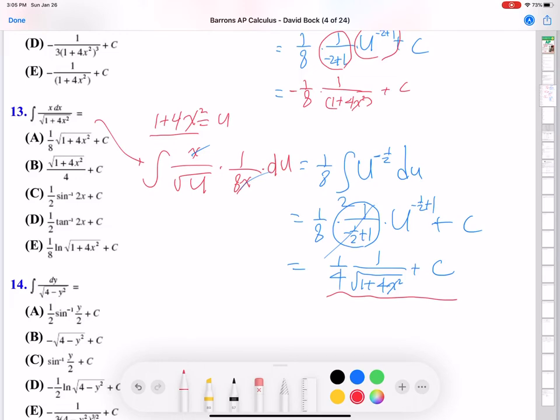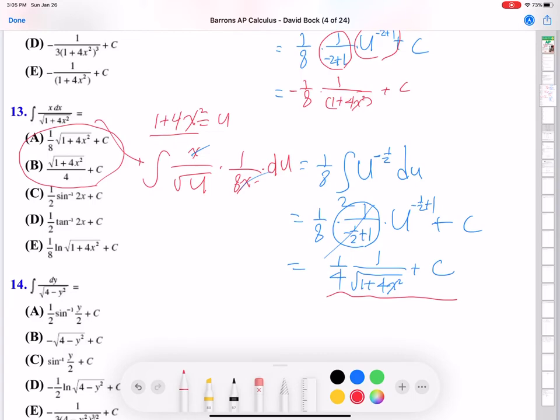There is no such answer. Let me double check now. 1 plus 4x squared equals u, so x over root u, and then the derivative of that part, 8x, 1 over 8 came out, negative second power, yeah, and plus 1, that is 1/2.